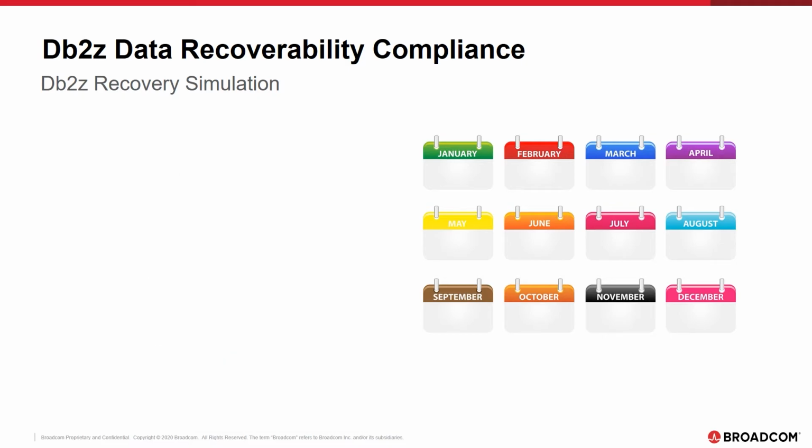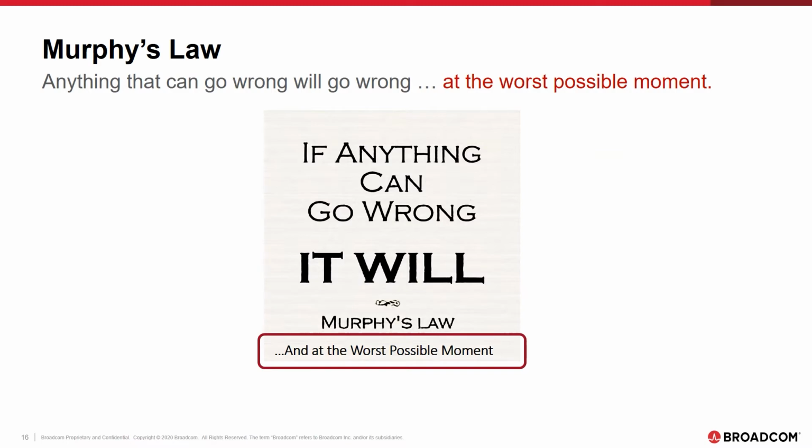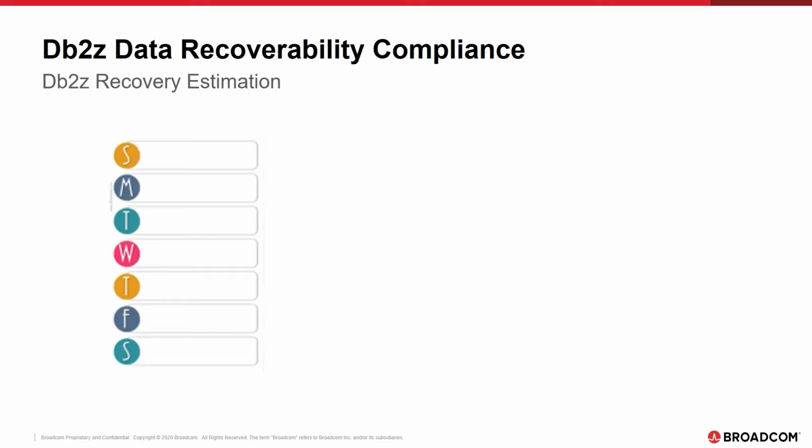But running a recovery test every quarter is not sufficient. Remember Murphy's Law. It will go wrong and at the worst possible moment. So you need a method to quickly check the basis of recoverability on a daily basis or maybe on a weekly basis. Here comes the recovery estimation piece.